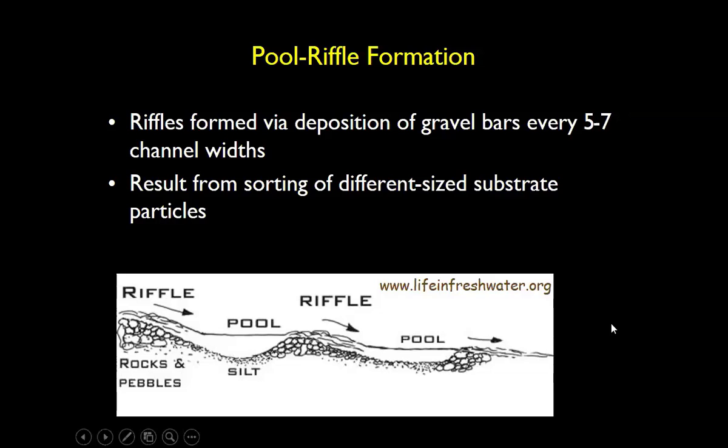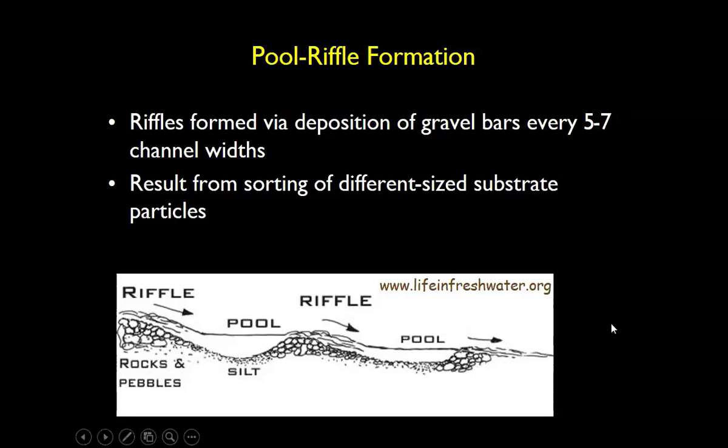Silt and sand, the finer stuff, right? The finer substrates are found in the pools. The rougher substrates are found in the riffles. So where are we going to have more periphyton and more algae growing, on stable rocks or unstable silt and sand? Stable rocks, exactly. So these riffles are really important places where nutrient uptake is going on.